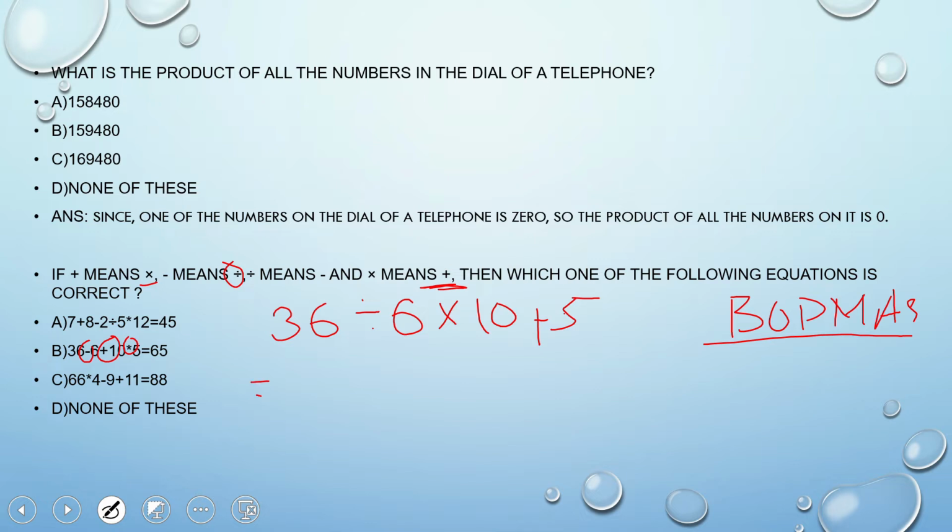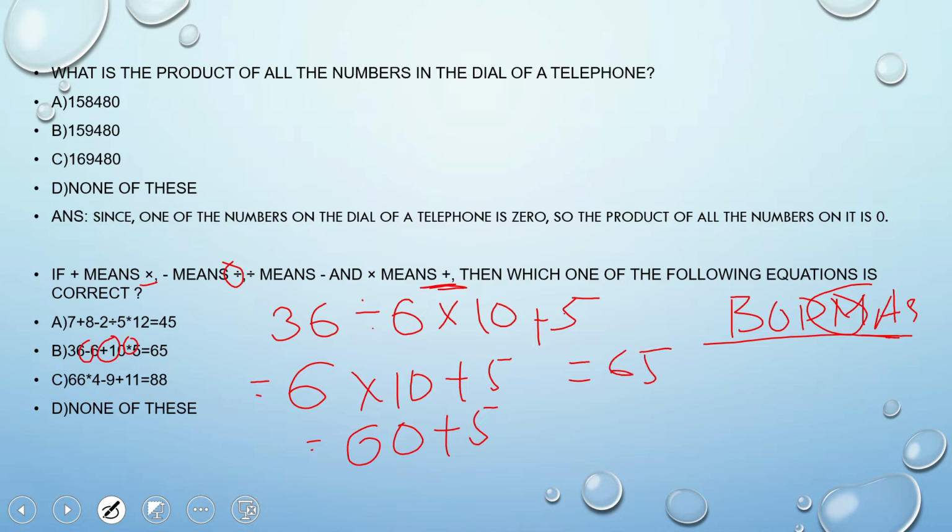First we have to do division, that is 36 divided by 6 is 6 into 10 plus 5. Now it's the turn of multiplication, so 60 plus 5. Now it's the turn of addition, that is 60 plus 5 is 65, which is LHS equals to RHS. So the correct answer is B.